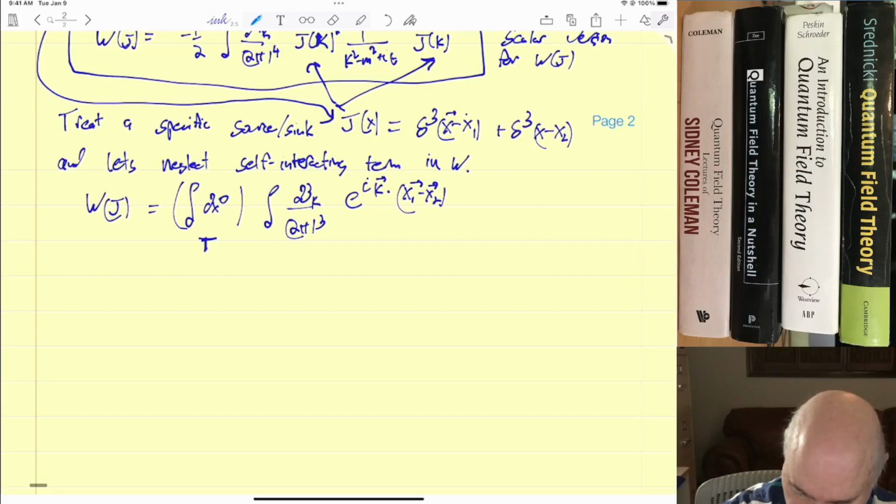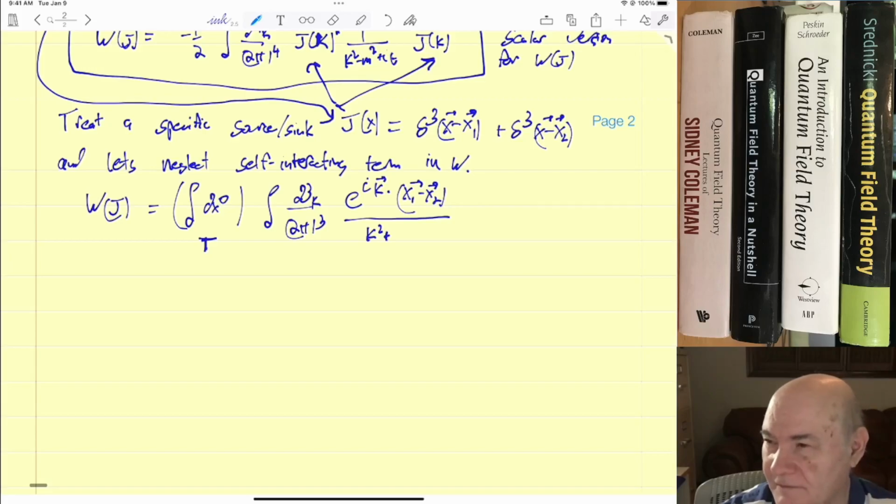These are all vectors here. Then divided by k squared plus, I have to check that, see if that's right there. Okay, yeah, this is the vector now. k squared plus m squared.